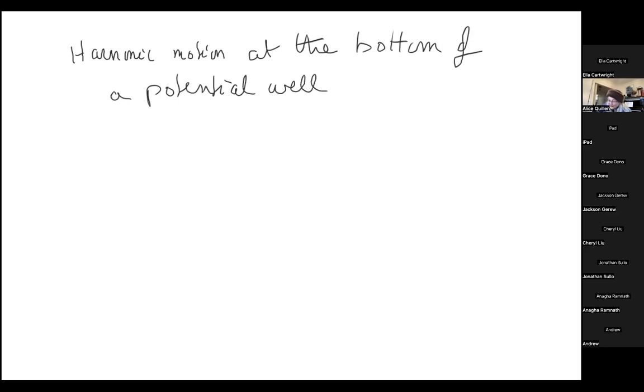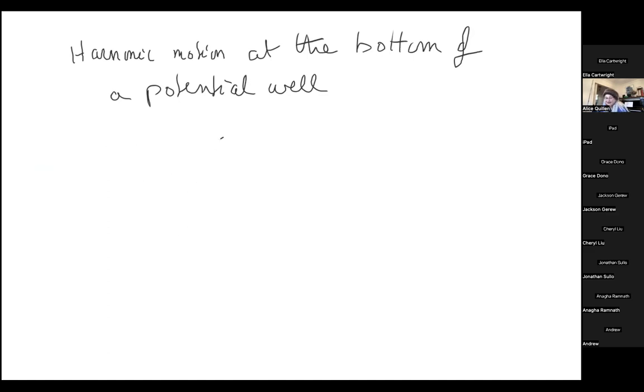The answer is it's going to be harmonic, which means it's going to look like a harmonic oscillator. And when we talk about our potential, whatever it happens to be, we're going to be near the bottom of it. When you say it's a potential well, it means that you're at the lowest point in some potential. I guess this whole thing would be called a potential well.